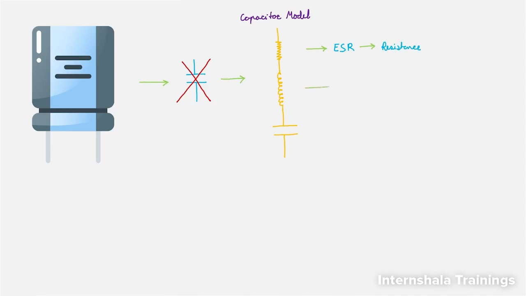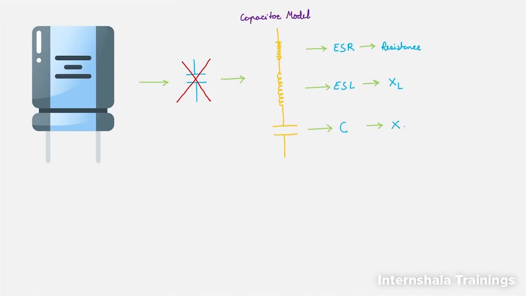Then the inductor present in the capacitor is called ESL, which stands for equivalent series inductance, and it exhibits the property of inductive reactance. And in the end, the capacitor exhibits the property of capacitive reactance.